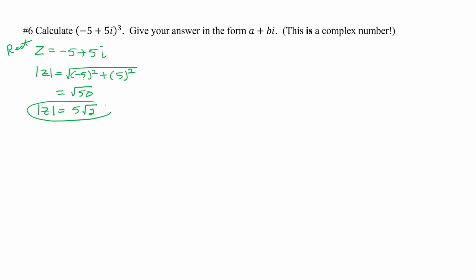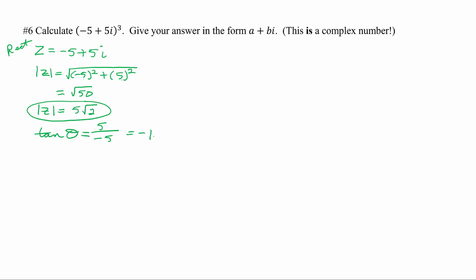So we start by finding the modulus of z, and then we want to find the angle. In polar form we need r and we need theta, so we need to find theta. I'm going to use the fact that tangent theta is equal to the imaginary part of z over the real part of z, which in this case is negative 1.